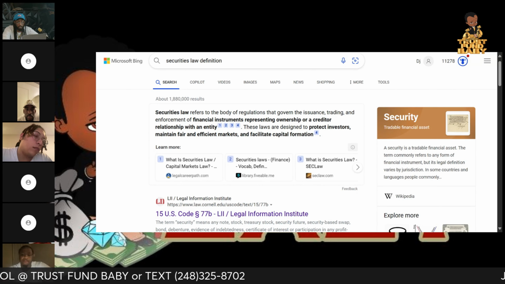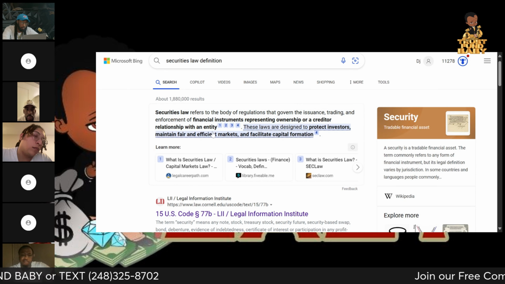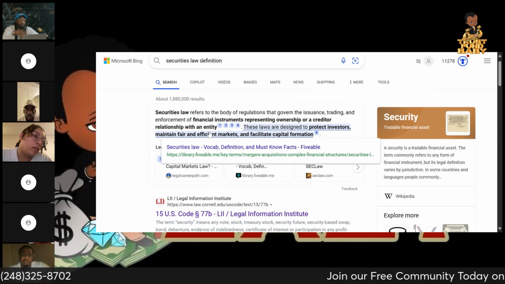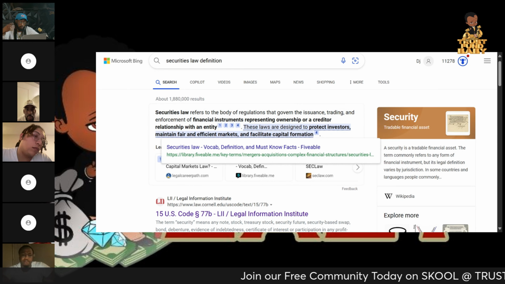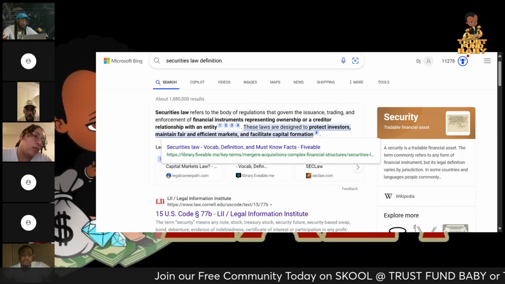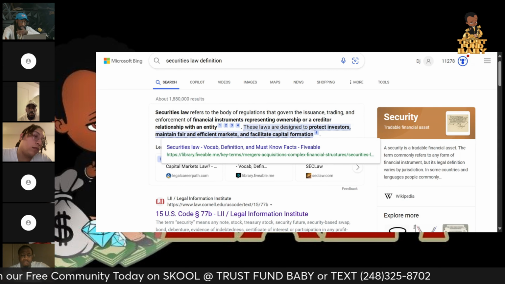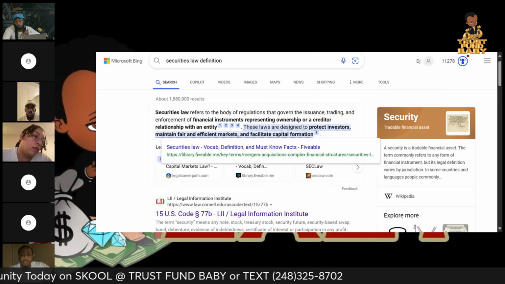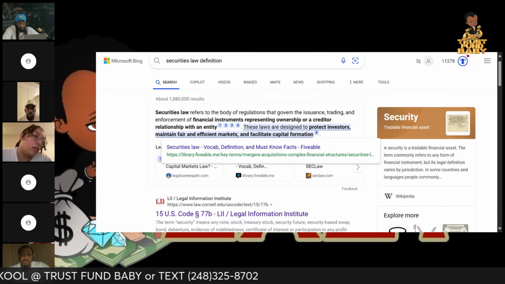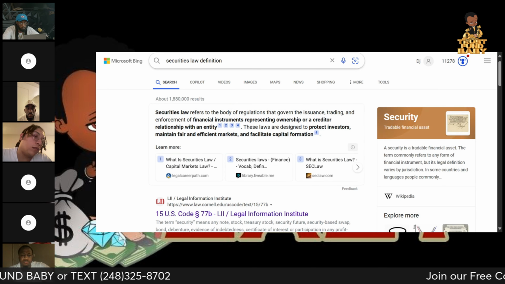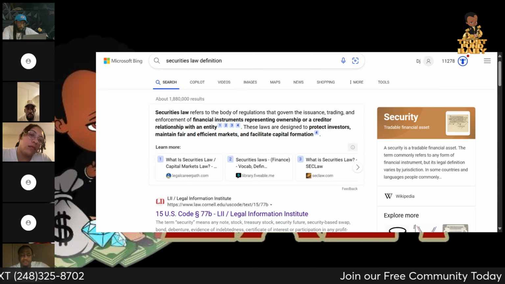So if it shows a creditor relationship with an entity, which is usually you on your social security number, that is considered to be a security. You're just not utilizing it. Most people don't even touch that thing. Last person I saw with that was my grandma. Most of us just use a debit card.